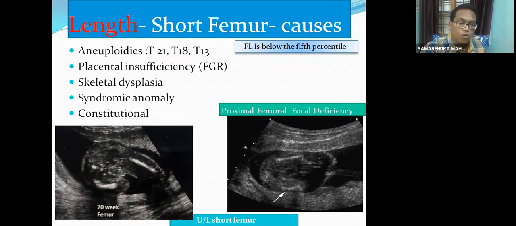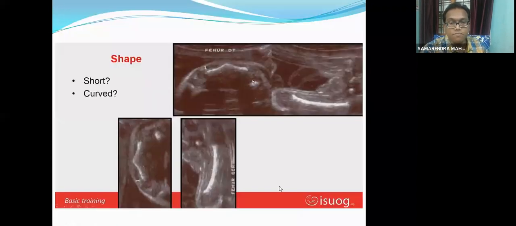The left lower one showing one femur normal, and the other femur is no doubt smaller and also looking curved, and the right lower image showing a normal proximal femur, and the femur that is far away from the probe is looking smaller but is straight.